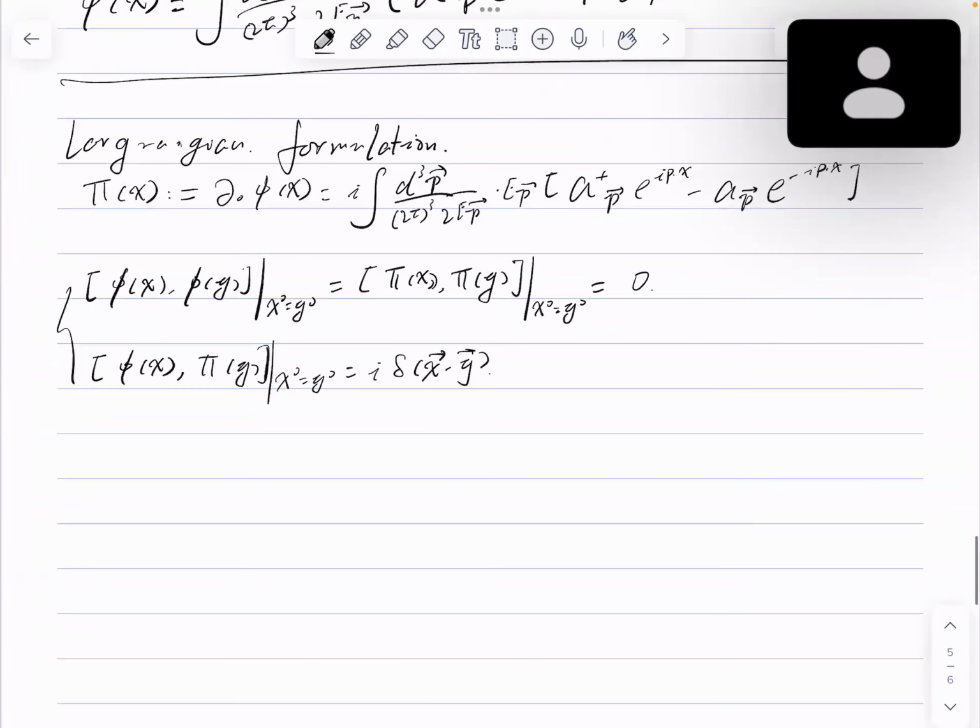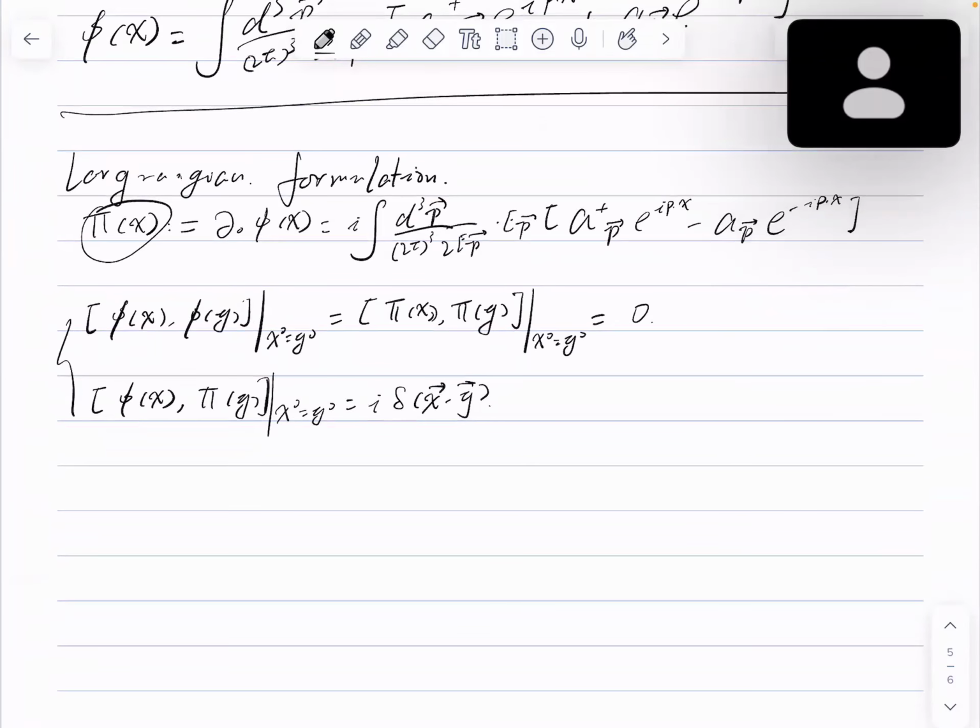We can easily check those relations, and based on this, we can state that this π(x) is the conjugate momentum, or canonical momentum, of our field operator.